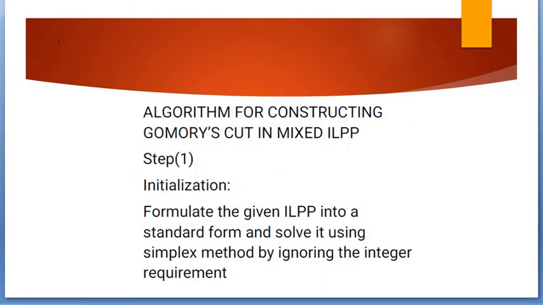Now we'll move on to the algorithm for constructing Gomory cut in the mixed integer linear programming problem. Step 1, this is an initialization step. In this step we just formulate the given integer linear programming problem, namely the mixed integer linear programming problem, into a standard form, and then solve using the simplex method by ignoring the integer requirement.